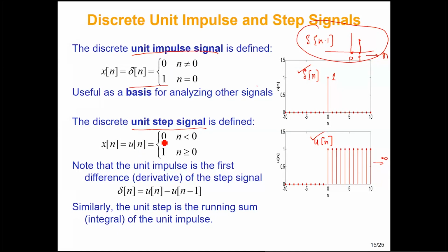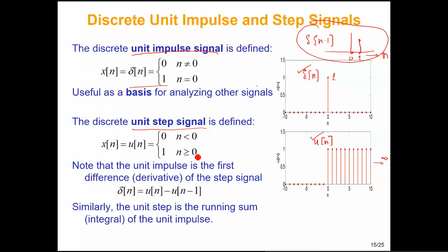And the unit step is 0 for all values of n less than 0: minus 1, minus 2, all the way to minus infinity. It is 0 throughout. At n equal to 0, it becomes 1 and then remains 1 throughout. That is your unit step signal.